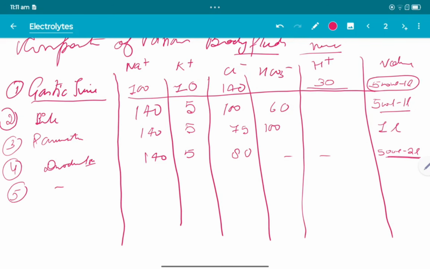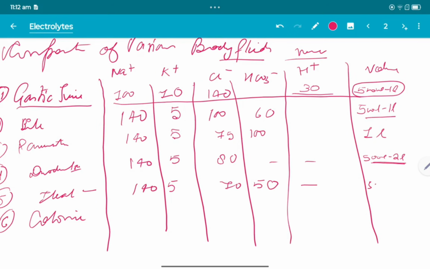Then you have ileal secretions and the colonic secretions. The ileal secretion is 140 milliequivalent of sodium, 5 milliequivalent of potassium, 70 milliequivalent of chloride, and bicarbonate secretion. This is also approximately 500 ml to 2 liters.